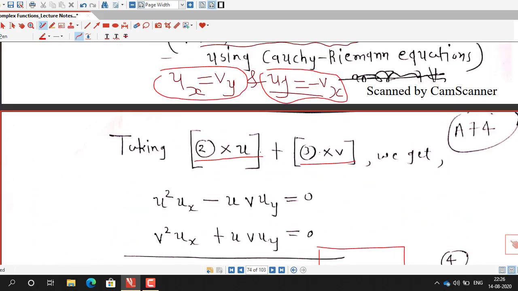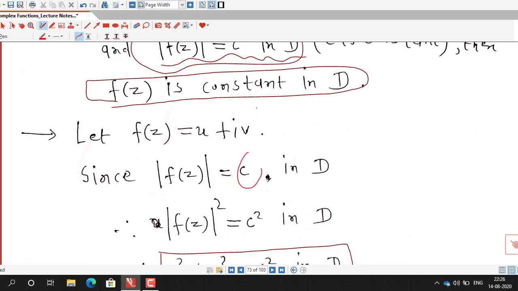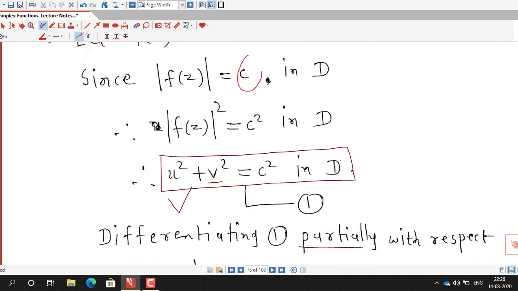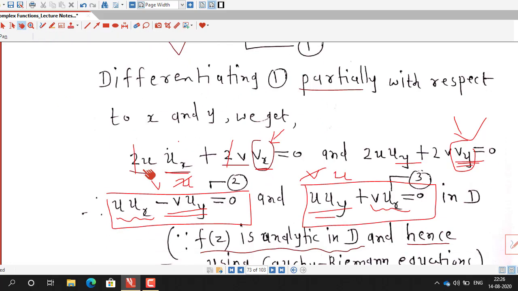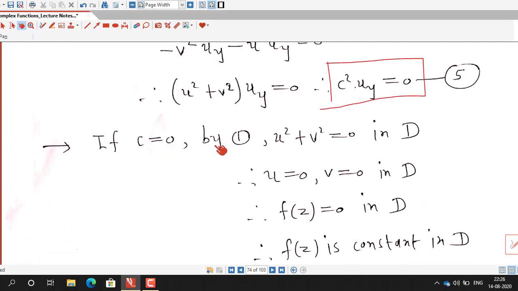Now this c is constant, mod f of z equals c is constant in a domain, some real number. So there are two possibilities, either it is 0 or non-zero. Suppose this constant c is 0, then by 1 we have u square plus v square equal to 0.